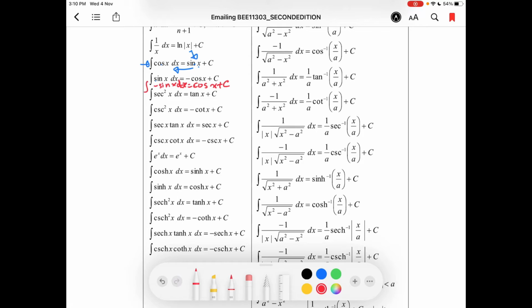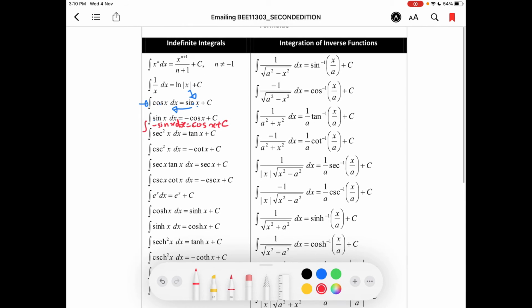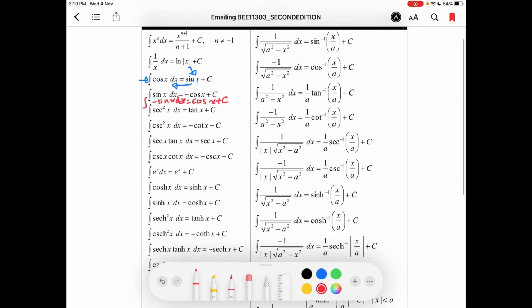So you can see there is a list of indefinite integrals. What I want to say is rules that involve powers, so we have x^n.